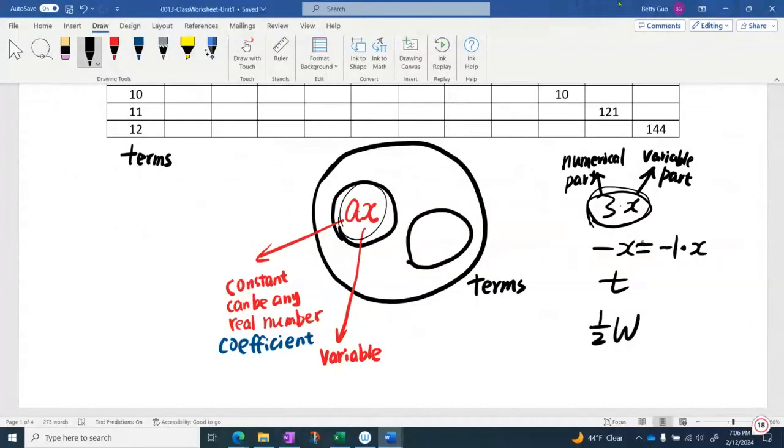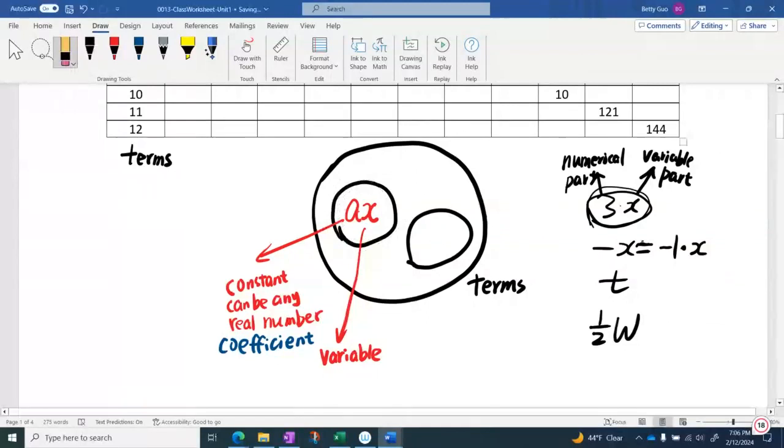Negative x is -1 times x. So -1 times x, it has two parts. -1 is the coefficient. X is the variable. It belongs to this type of term, okay? Do you see it now?